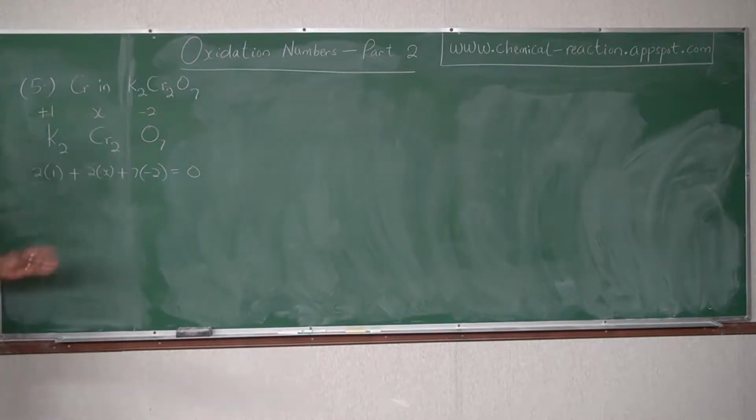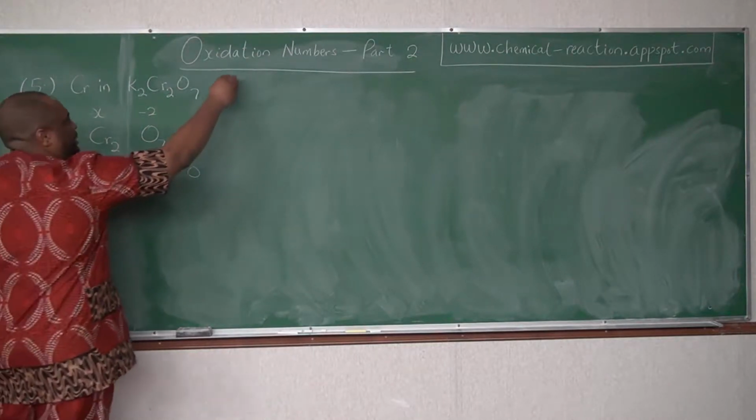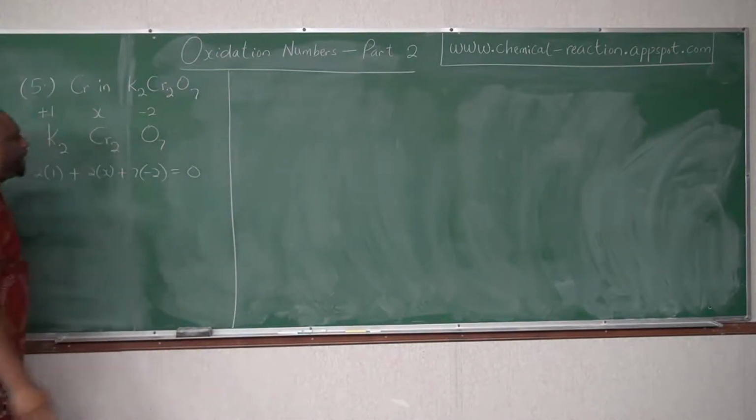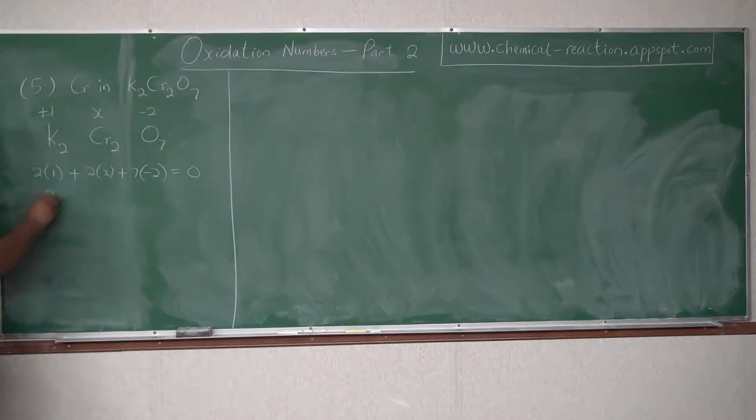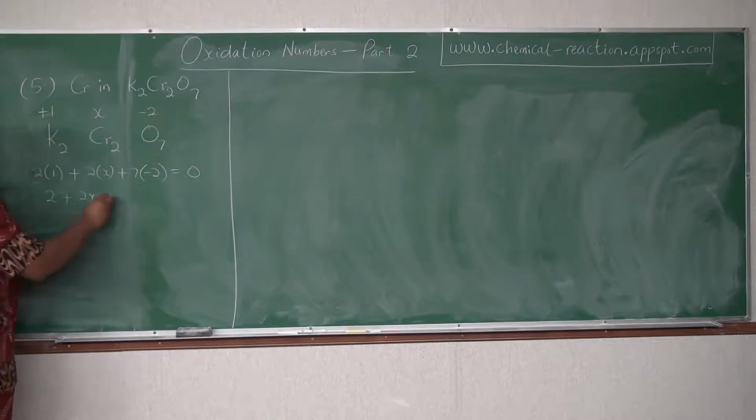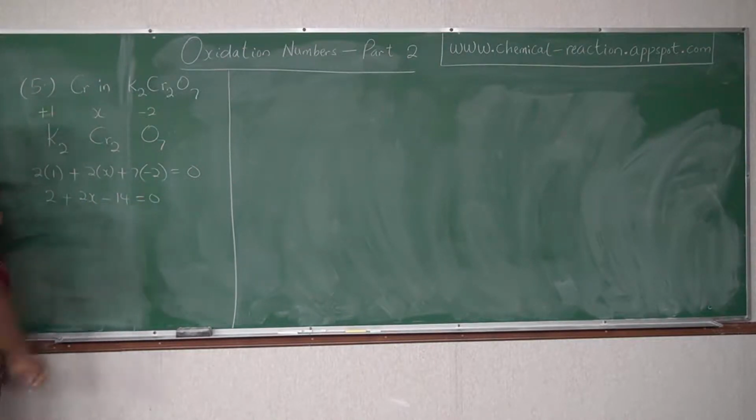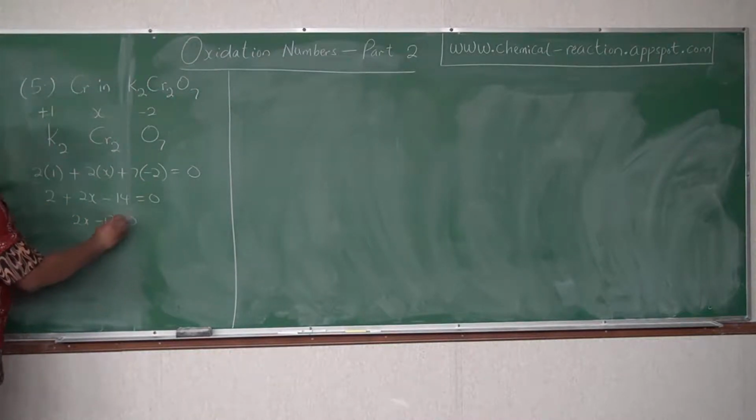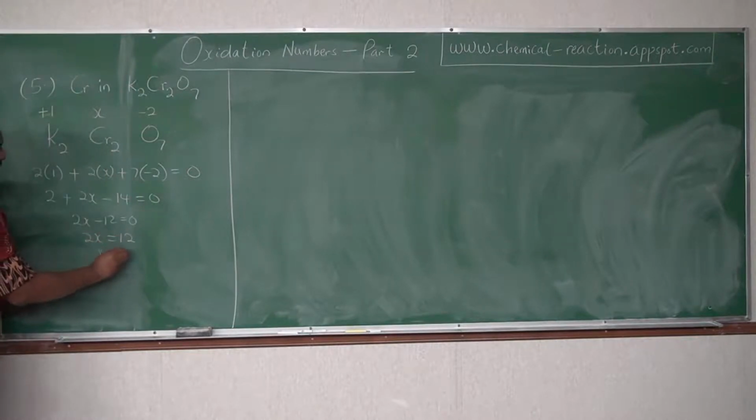The entire compound is 0. So we have 2 times 1 is 2, plus 2 times X is 2X, minus 14 equal to 0. So 2X minus 12 is 0. 2X is 12, so X is 6. X is +6.